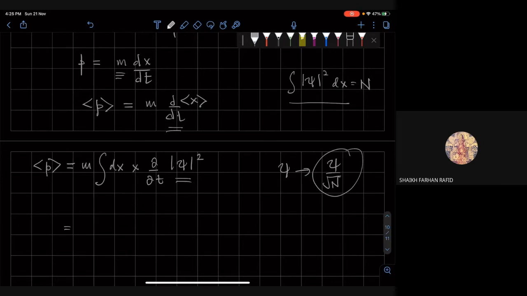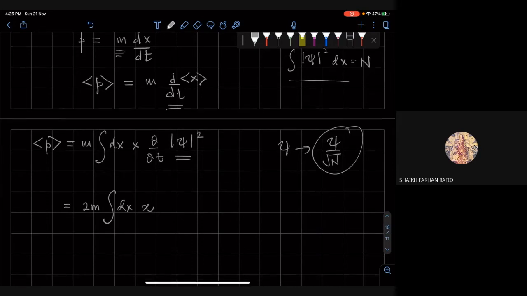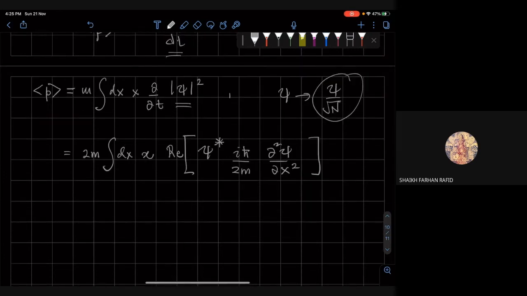Then we can use Schrodinger's equation and replace those by the space derivative, and see that the potential terms will cancel because of the i. So we will have, as a result, 2m integral dx, x times the real part, and I'm skipping a couple of steps here, of psi star times i h bar by 2m d squared psi dx squared. Okay, so I've used Schrodinger equation going from this step to this step.